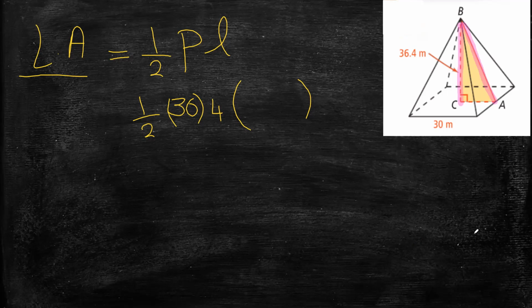Now, if you look at the lateral height and the height, the slant height is the hypotenuse of a right triangle, and the height is one leg of the right triangle. So here, let's draw them. This is the height, which is 36.4. This is the slant height.